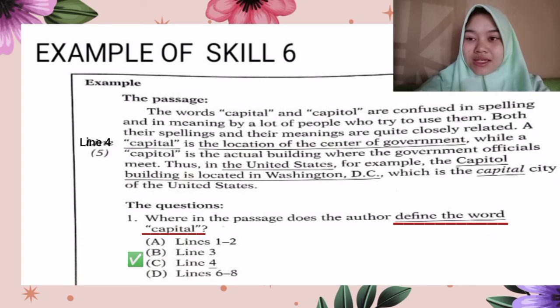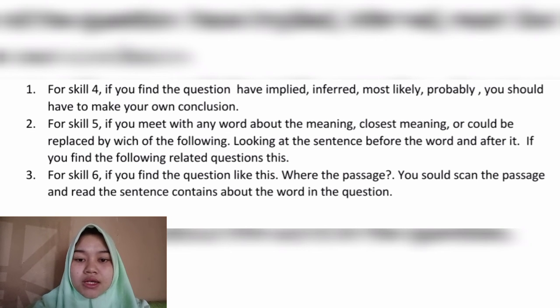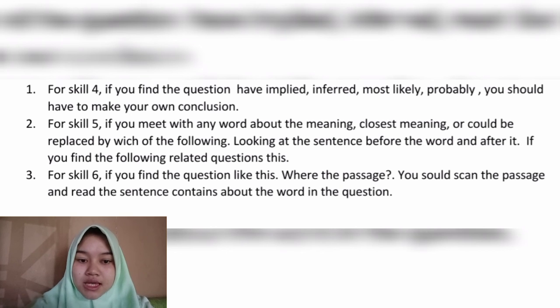Okay, summing up each skill. For skill 4, if you find a question with implied, inference, most likely, probably, you should make your own conclusion. For skill 5, if you meet any word about the meaning, close meaning, or could be replaced by which of the following, look at the sentence before the word and after it.